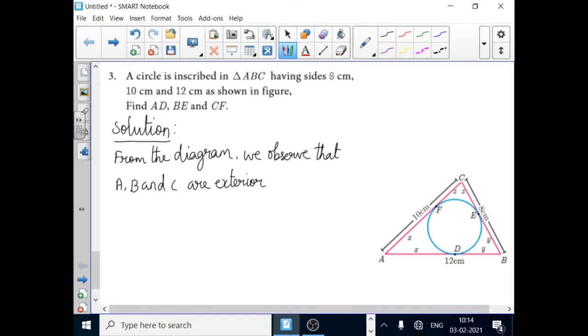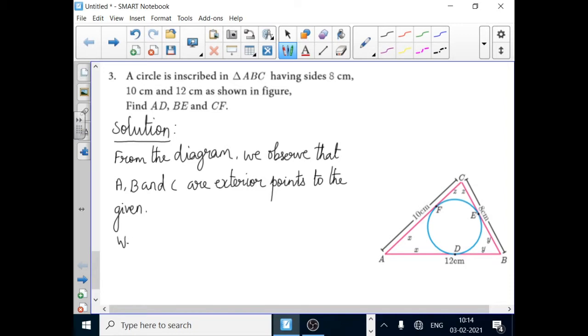We have to go from known to unknown. Known to unknown, or exterior points.